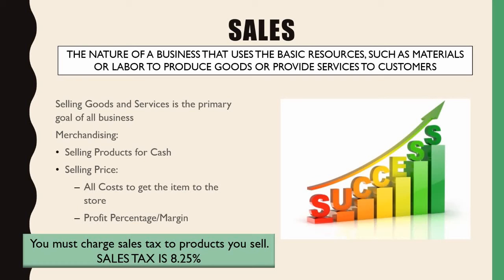If you sell your items at cost, not only are you selling yourself short, but you're not making enough money to cover all the costs it takes to operate your business.